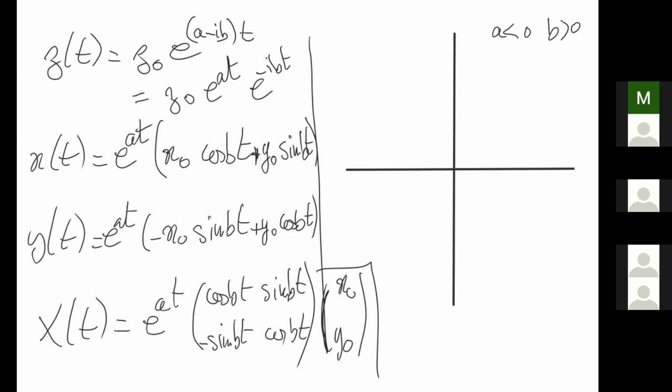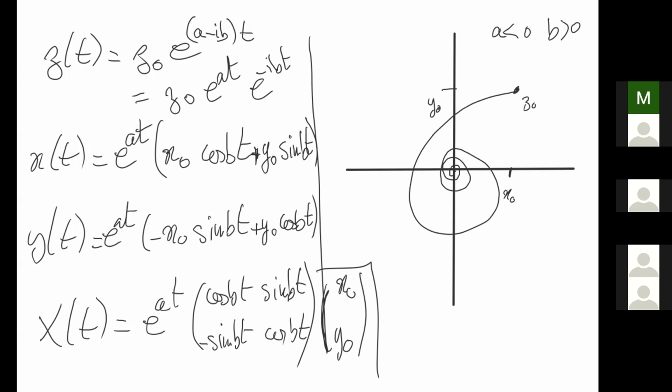This means that the solution is going to 0, but it's going to 0 making loops. All right, so let's assume my x0 is here and my y0 is here. So I have my z0 here. So my solution will be like that, kind of.